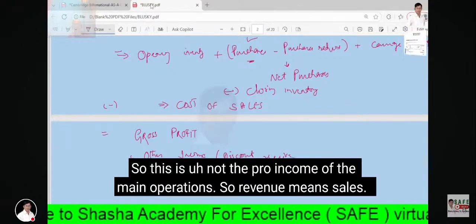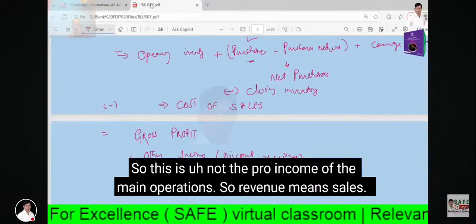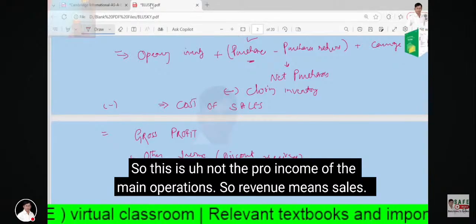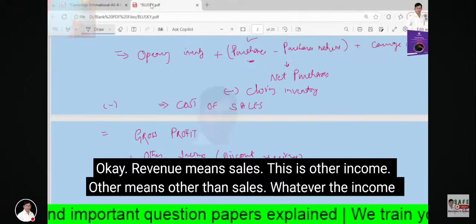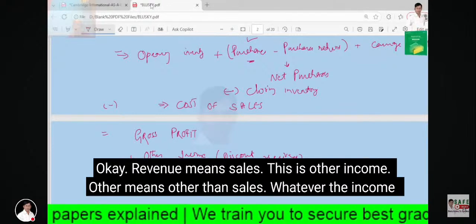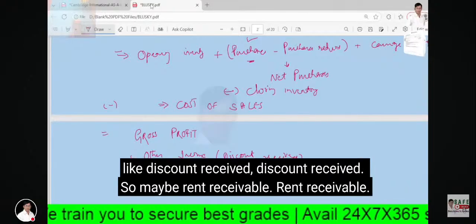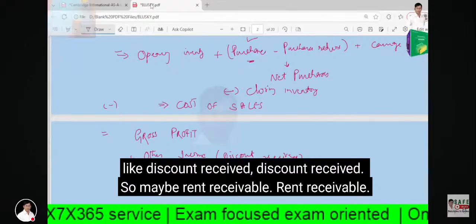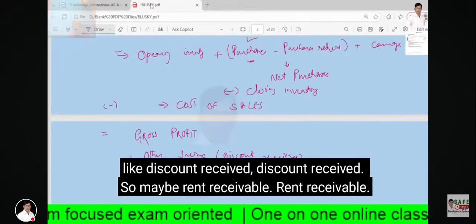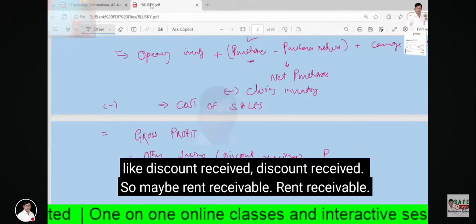This is not the income of the main operations. Revenue means sales. This is other income, meaning income other than sales, like discount received, or rent receivable.